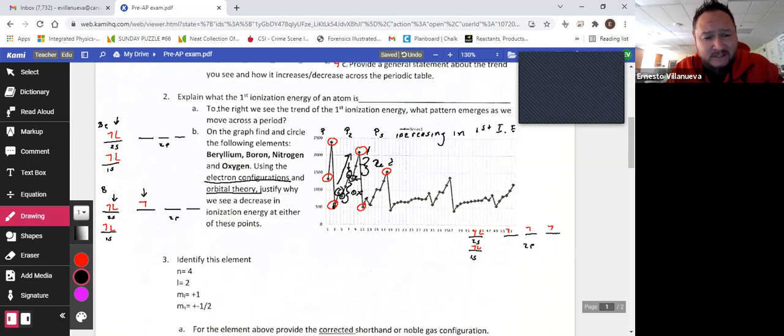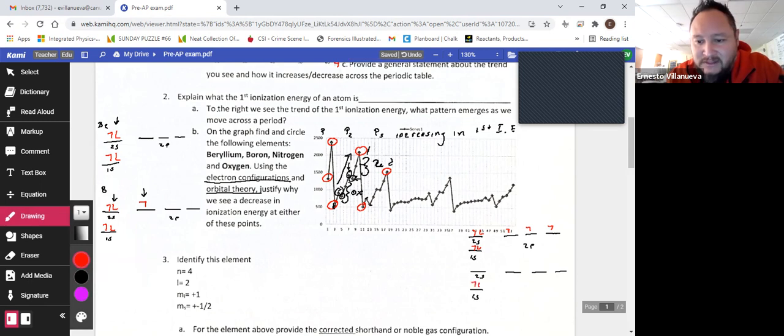Having an electron in every subshell creates what we call an orbital balance, which makes it slightly more stable. So even though the 2p orbital is not completely full, at least all the subshells in the 2p orbital are occupied. Now here's the 2s, here's the 2p for oxygen.